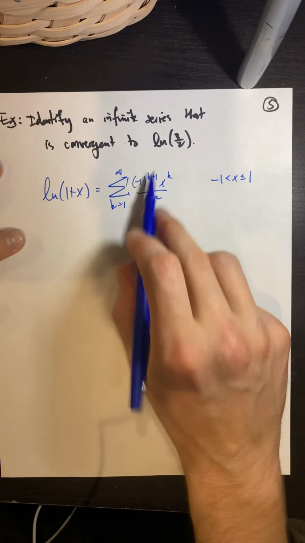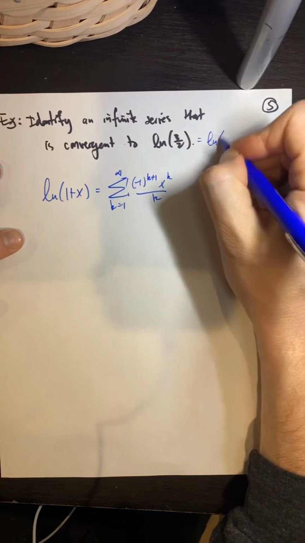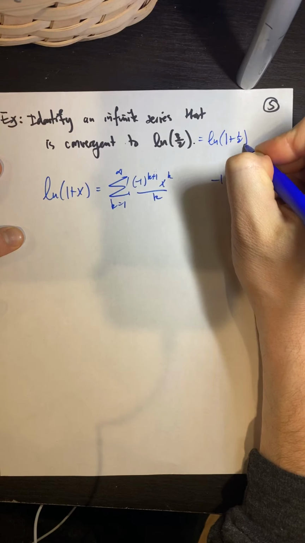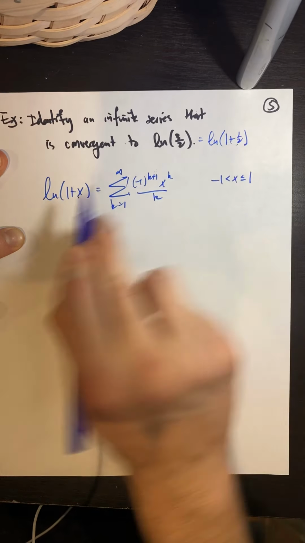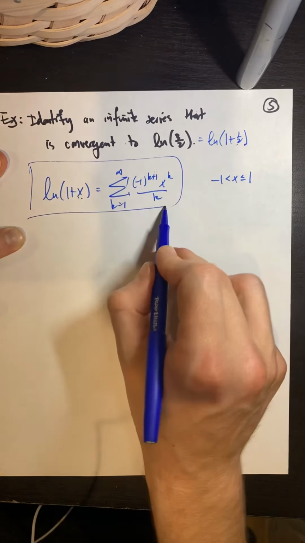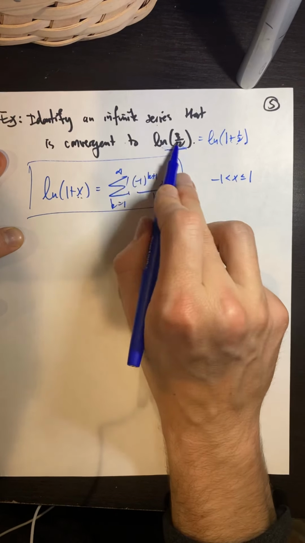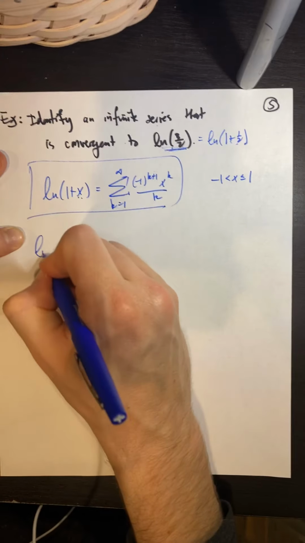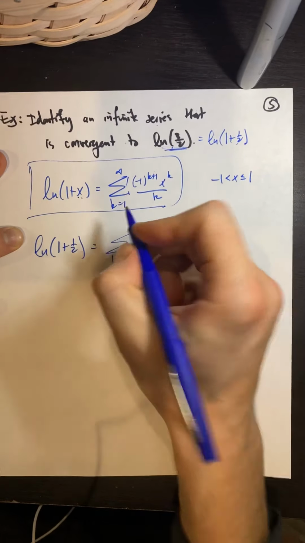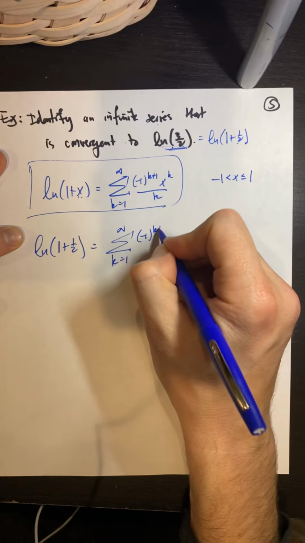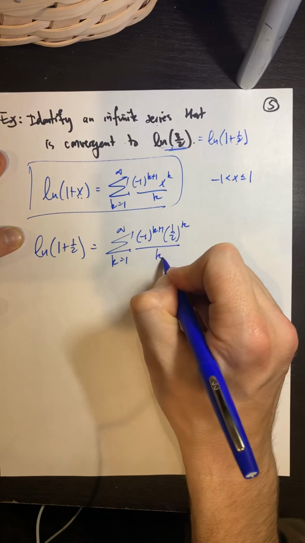So if I'm looking at this value ln of 3 halves, notice that ln of 3 halves is exactly ln of 1 plus 1 half. Why did I write it like that? Well, if I plug x equals 1 half into this identity, I'll know exactly what infinite series converges to this. So ln of 1 plus 1 half should be equal to the series k equals 1 to infinity, negative 1 to the k plus 1, and I'm going to put 1 half in for x, over k.